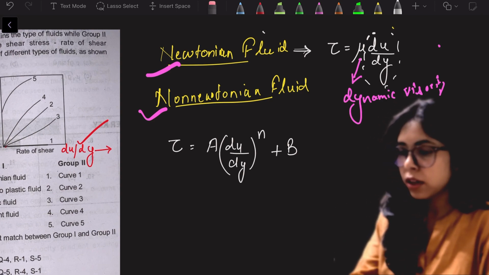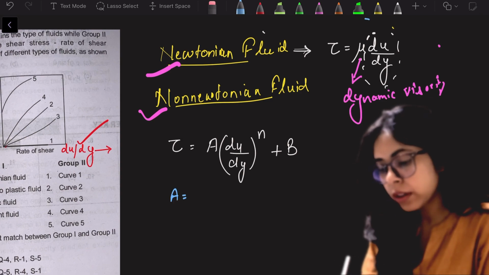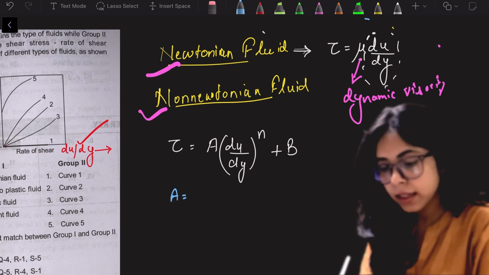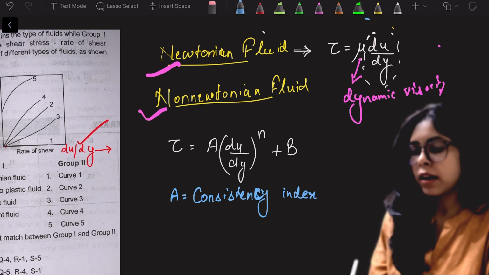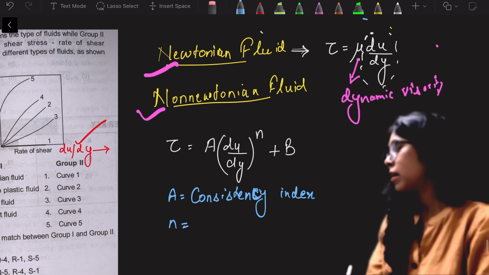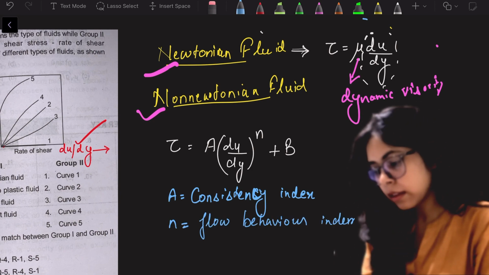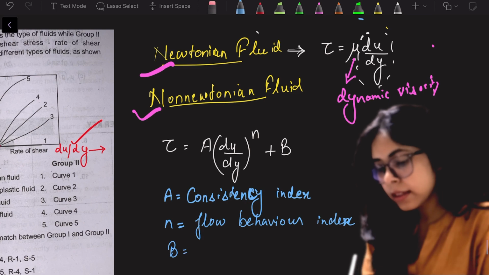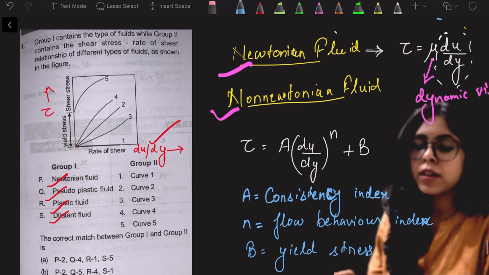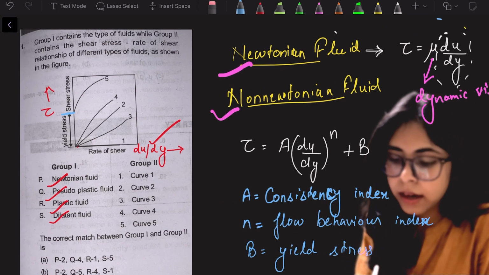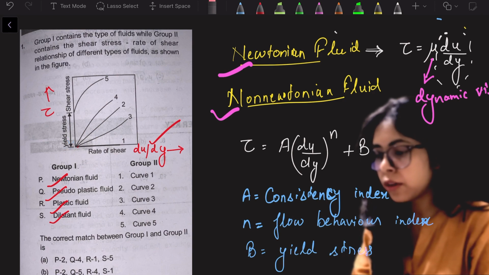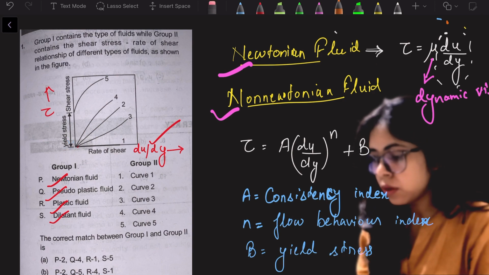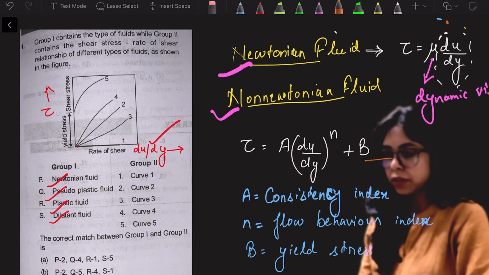These are the three new terms. A is the consistency index, n is the flow behavior index, and the last one, B, is the yield stress. As you can see here, this much they have shown as yield stress, which we denote as B. So this is the equation of non-Newtonian fluid.